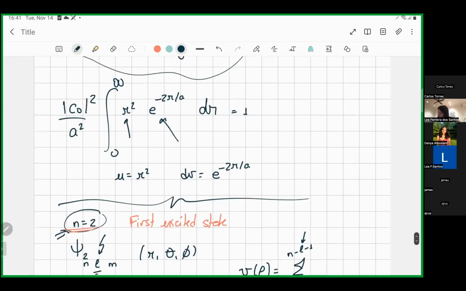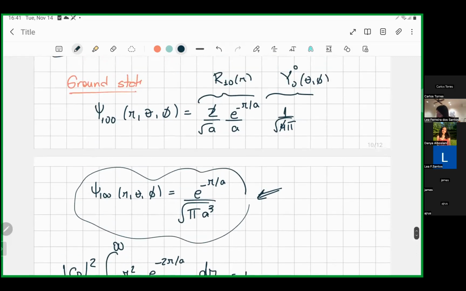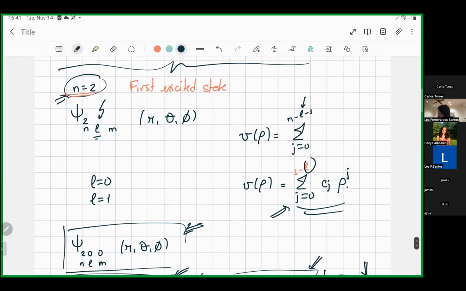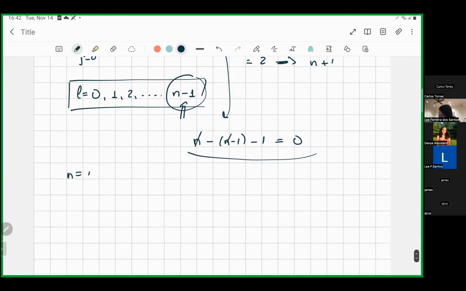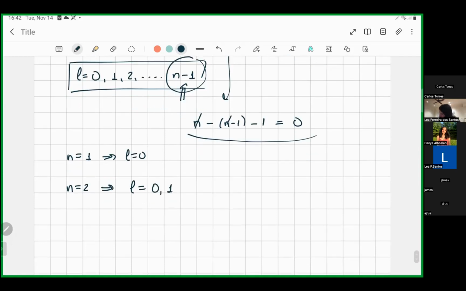So remember, when we were talking about the ground state, N was 1, and L could only be 0. Now that we are talking about N=2, L can be 0 or L can be 1. It makes sense in our sum there. If N is 1, L can only be 0. If N is 2, which is the one we are trying to solve now, L can be 0, can be 1, and that's it.